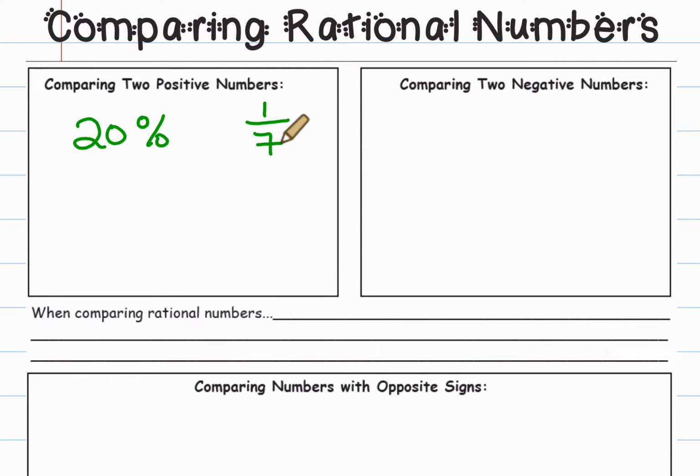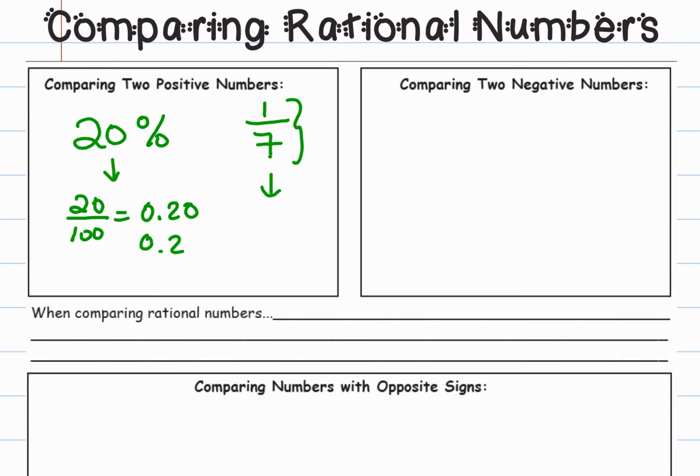Well, we know that to take a percent and change it to a decimal, it really means 20 out of 100, or 20 hundredths, which means it's 0.20, or just 0 and 2/10. A fraction, to make it into a decimal, I need it to have a denominator that's a multiple of 10: 10, 100, 1,000, etc. But 7 doesn't go into those numbers.